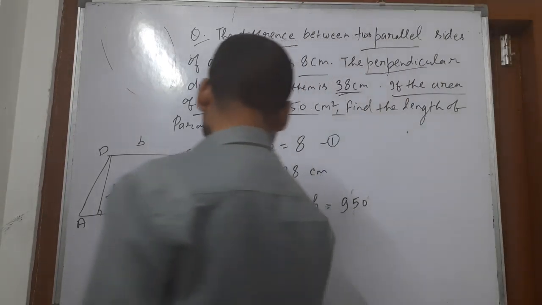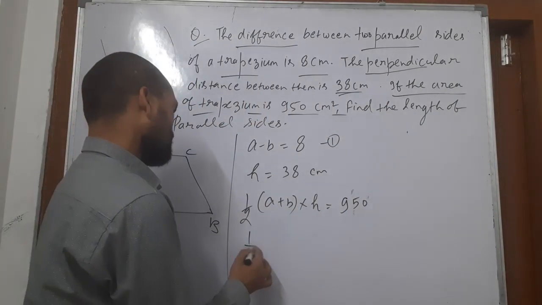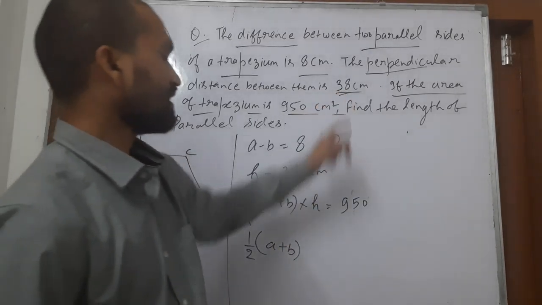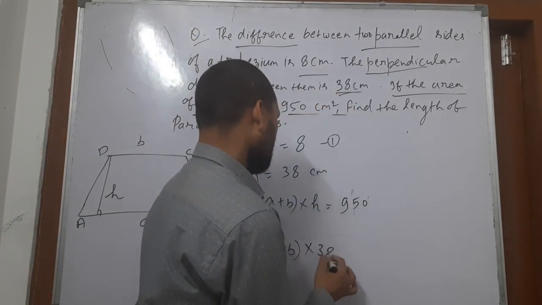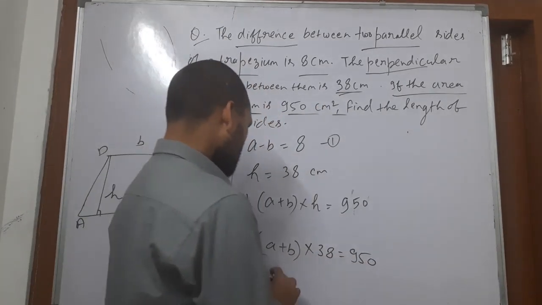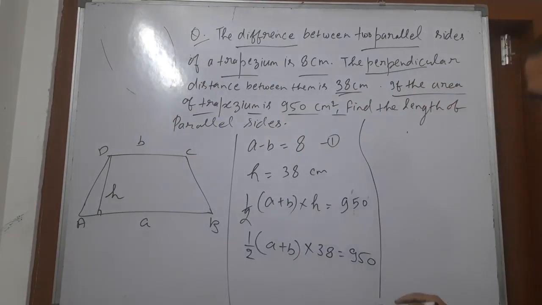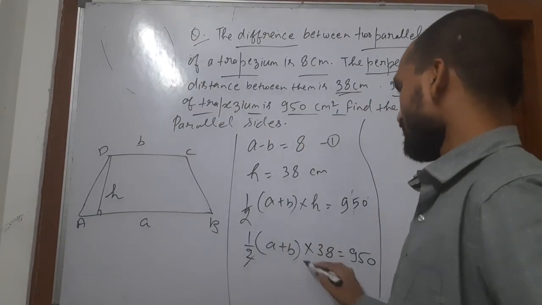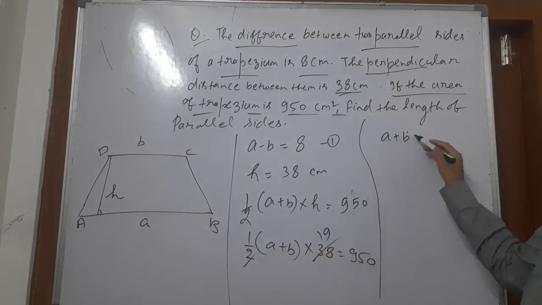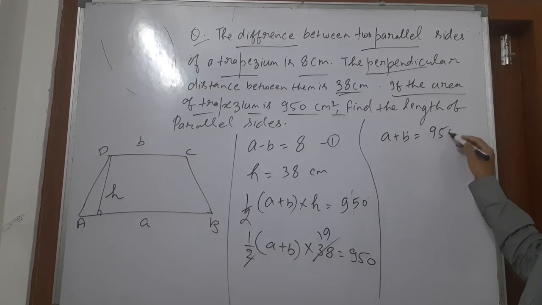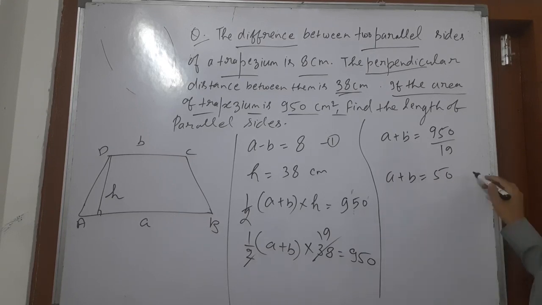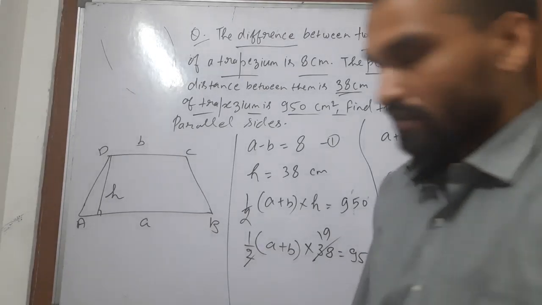Okay, now we should put the values: 1 by 2 (a plus b) and height is 38, that is 950. Okay friends, so after simplifying, 19 into (a plus b) equals 950, so a plus b will be 950 by 19, that is 50. That is equation number 2.